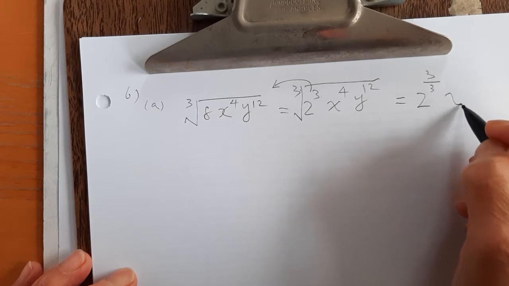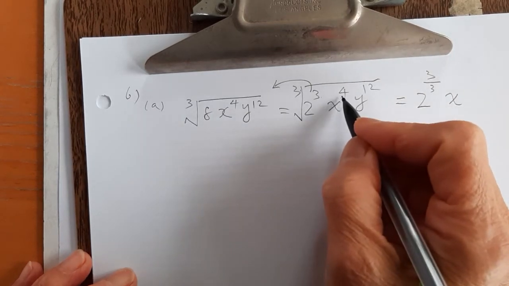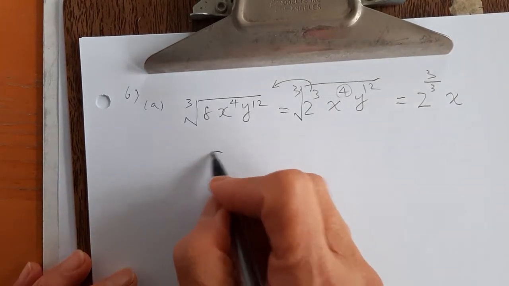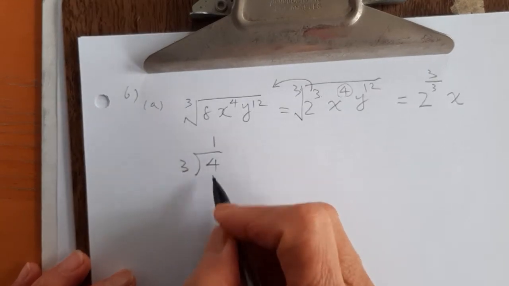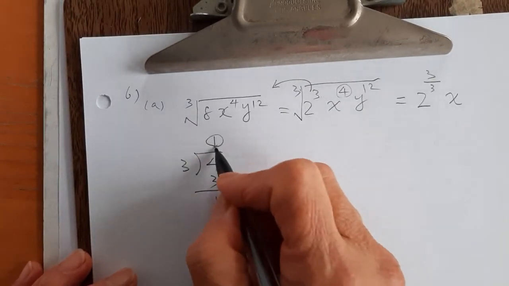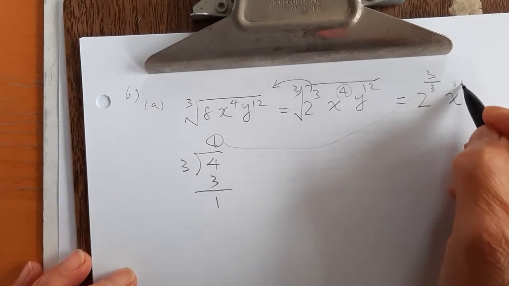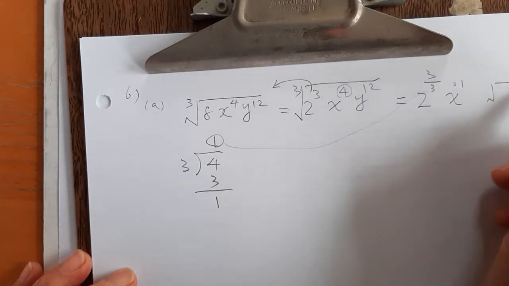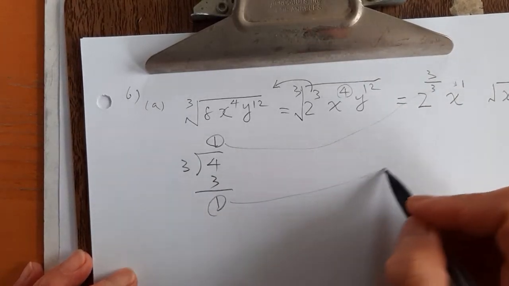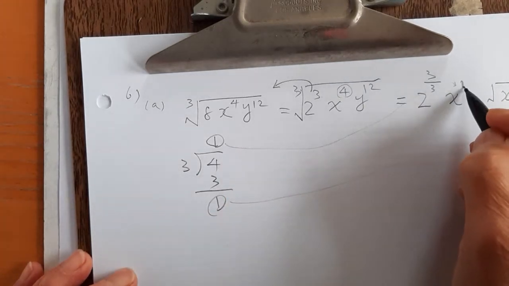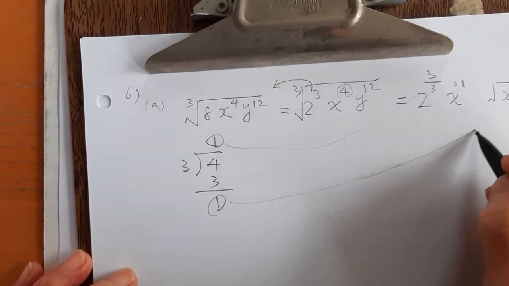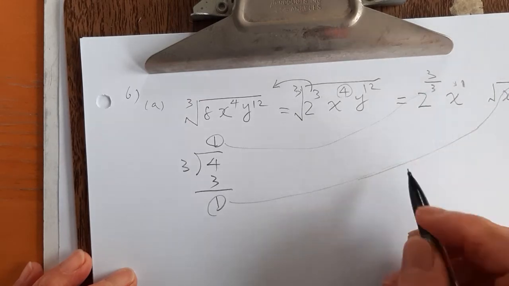And x can go out because 4 is greater than 3, so you divide 4 divided by 3, got 1, remainder is 1. This one put outside of the radical, and this remainder 1 put inside the radical.